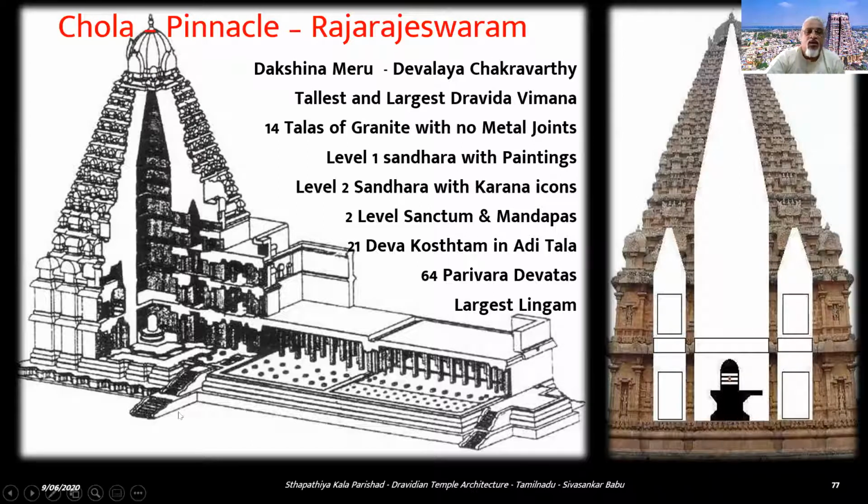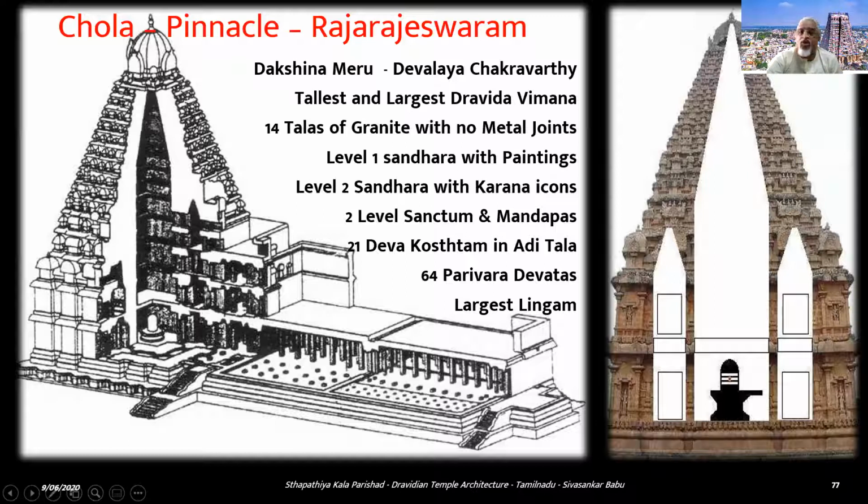The facts are there. The tallest and largest Dravida Vimana with 14 talas. In the Agamas we define up to 14, 15, and it touches the pinnacle. The interesting thing is, this is done without any plastering or any metal joints like other temples.